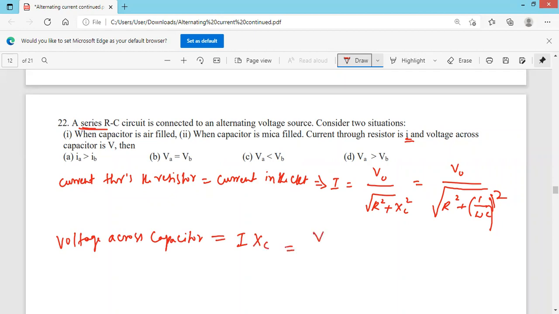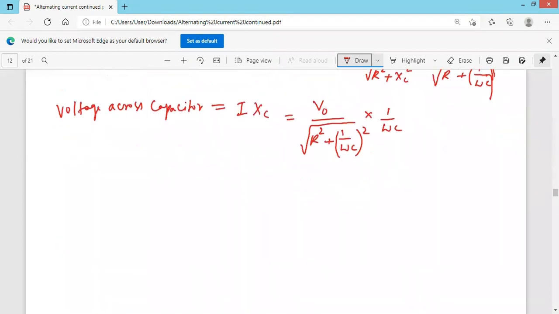So current is equal to V naught divided by the square root of R square plus (1 by omega C) whole square, into XC, which is 1 by omega C.